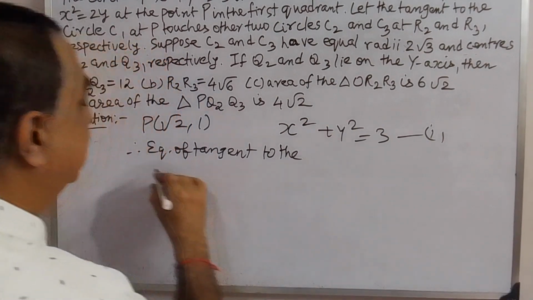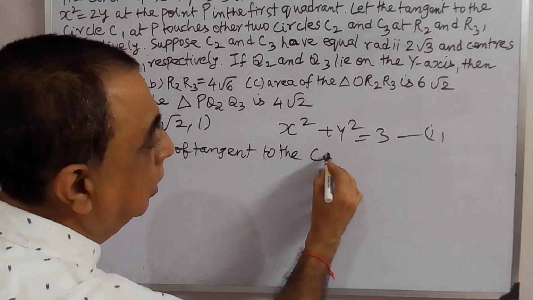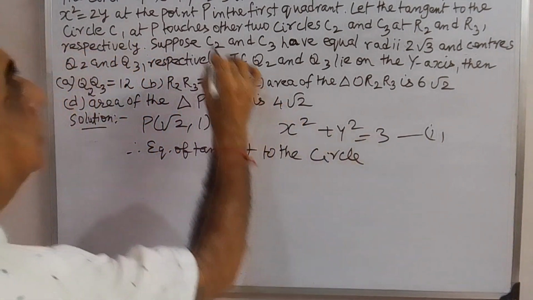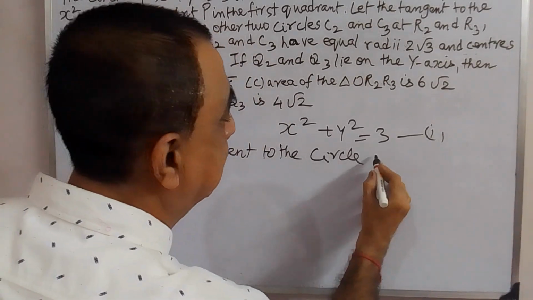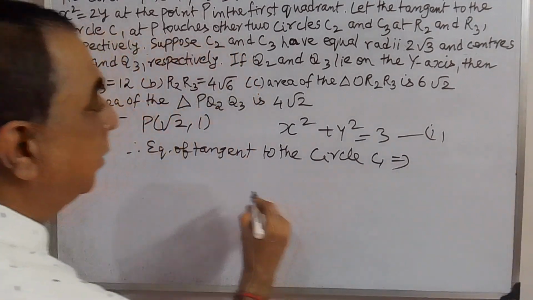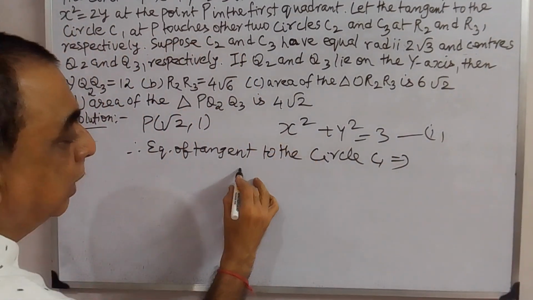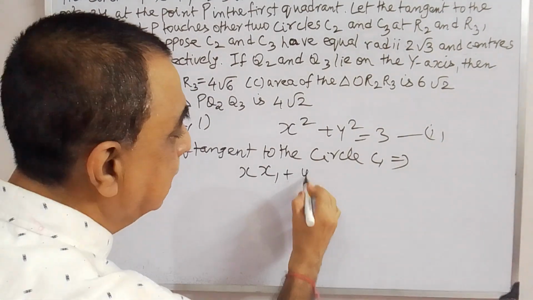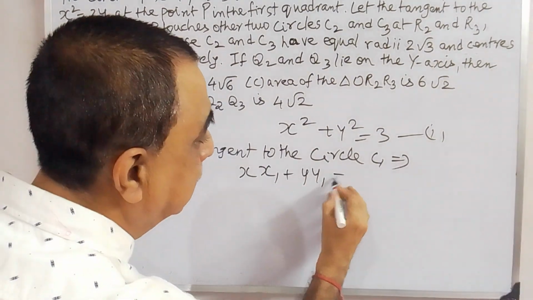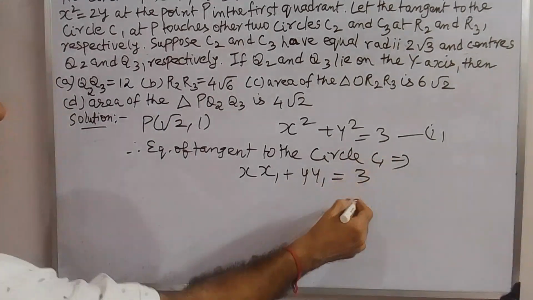Okay, the equation of tangent to this circle, which is represented by C1, will be what? Here for x squared you will write x into x1, and for y squared you will write y into y1 is equal to whatever is the number, 3.